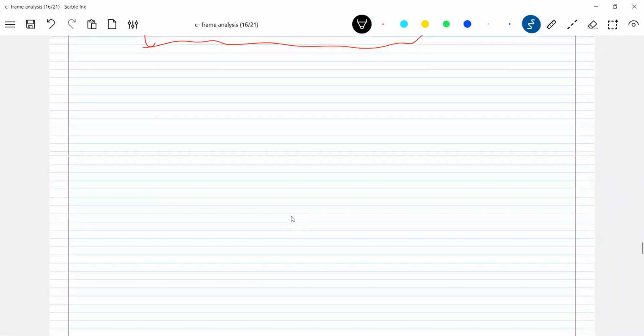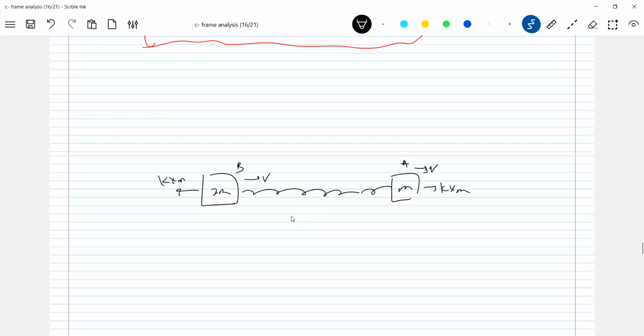Again at maximum compression, how will the blocks be? 2m. We have this diagram, no? There's a block A, there's a block B. The spring force is acting like this. The velocity of the blocks were like this. Maximum compression, no? Now in the C frame, how will the blocks be?